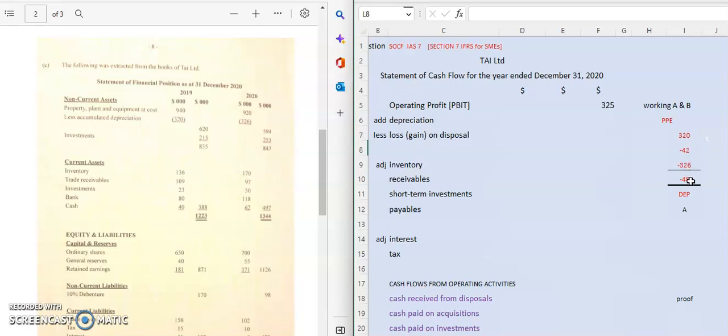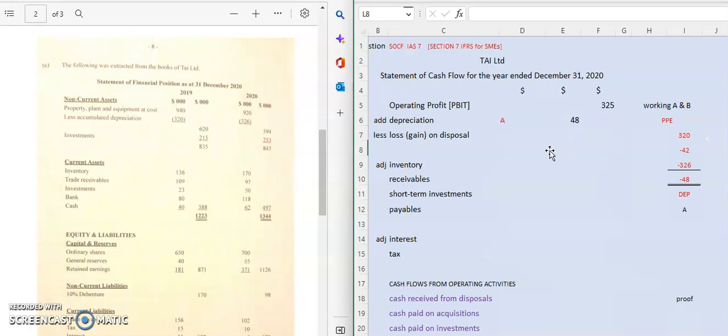So that means that something happened in between, and whatever happened in between will be the depreciation for this year. So you can see that 320 minus 42 is about 278 or thereabouts. And then we're going to subtract 278 from 326, and it tells us that the depreciation for the year was 48. So 48 is our depreciation.